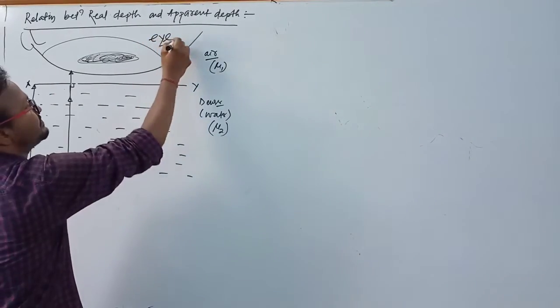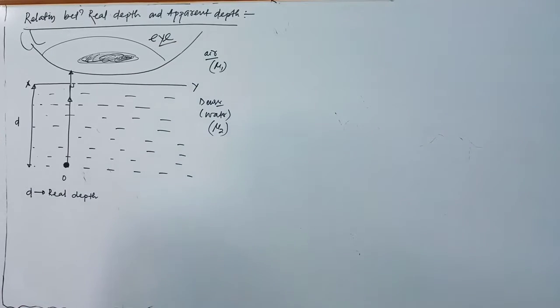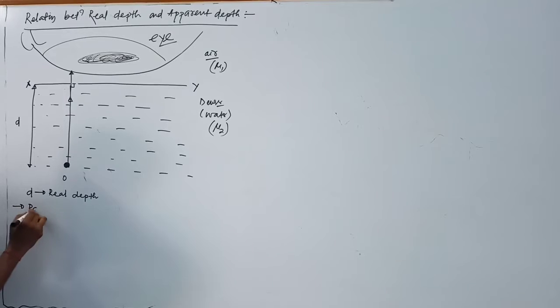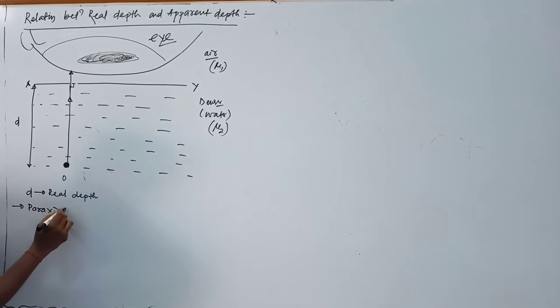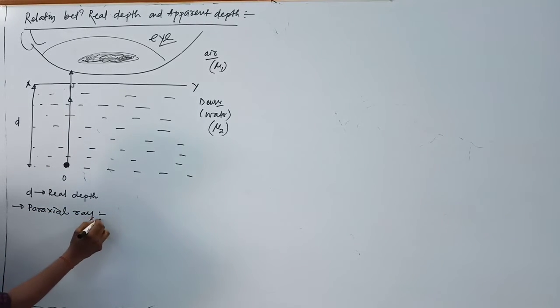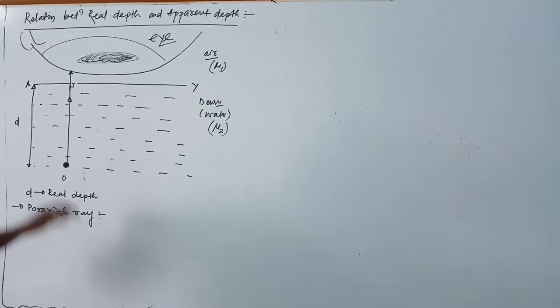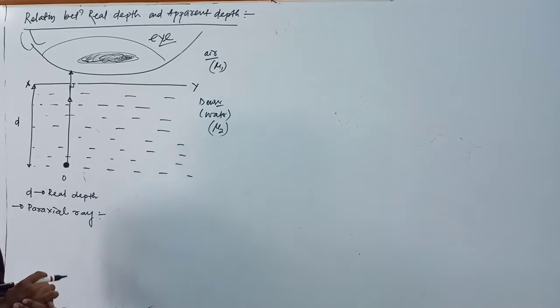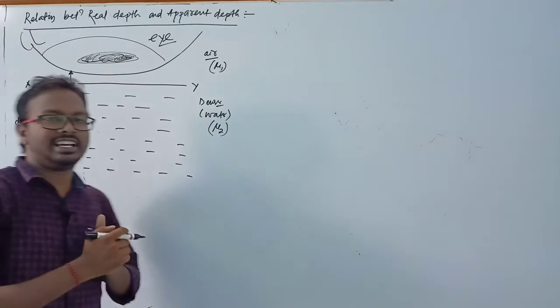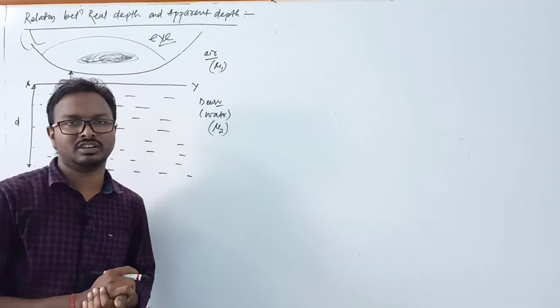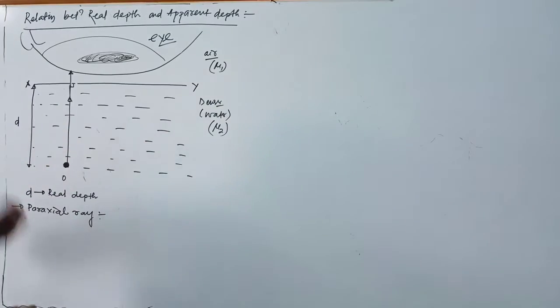Now for the second ray, here we have to use a paraxial ray. So what is a paraxial ray? Paraxial rays are parallel or nearly parallel to the principal axis, or the angles of incidence and refraction are very small. We have to use this concept here.